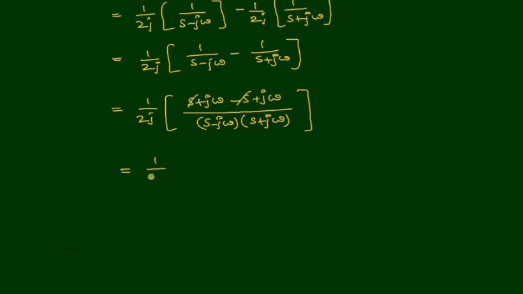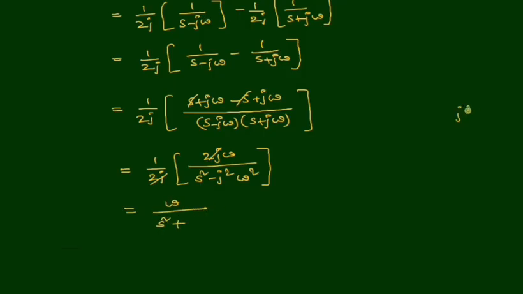So 1 by 2j, the numerator j omega plus j omega is twice of j omega divided by s square minus j square omega square. So 2j becomes cancelled. The expression is omega by s square, j square is equal to minus 1, plus omega square. So this gives the Laplace transform.